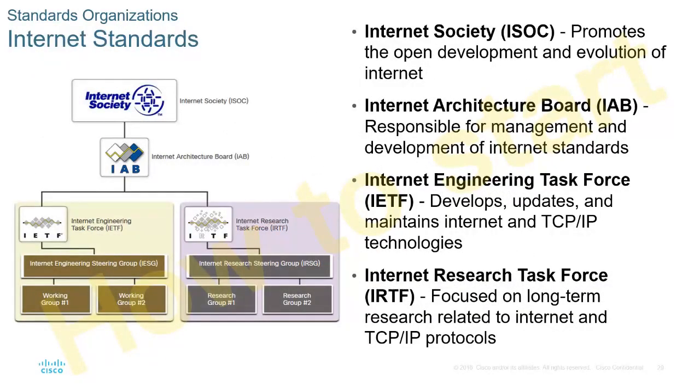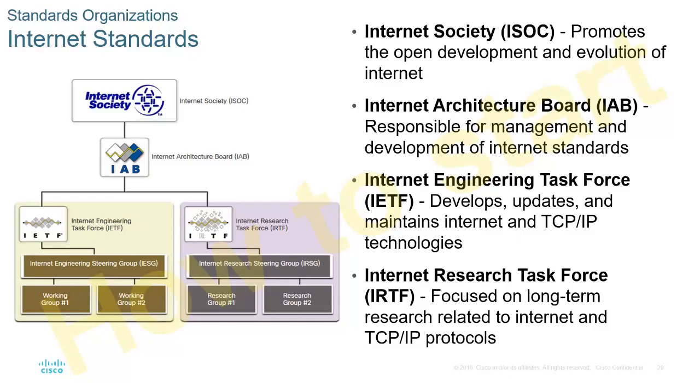For example, we have the Internet Society, ISOC. From there, we have the Internet Architecture Board, IAB. IAB actually breaks down certain things into different groups. We have an Internet Engineering Task Force. We have an Internet Research Task Force. And again, they're separate. They do specific things.